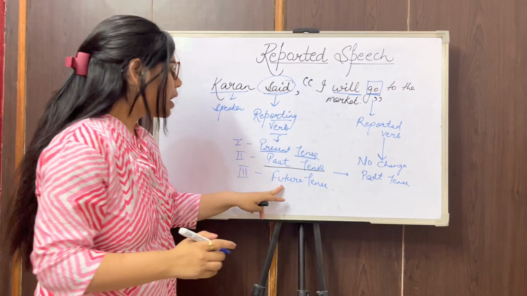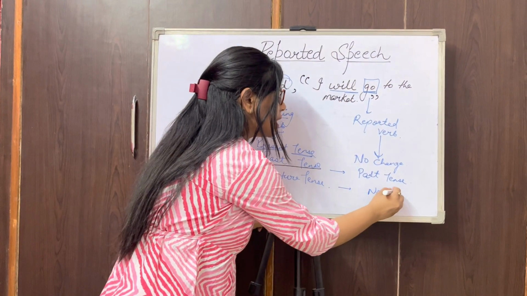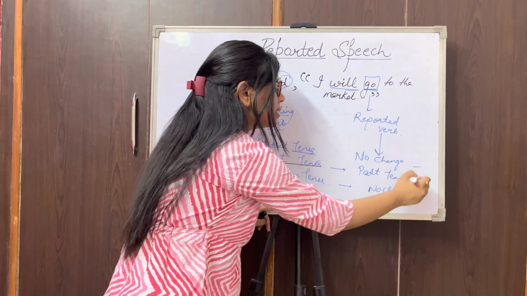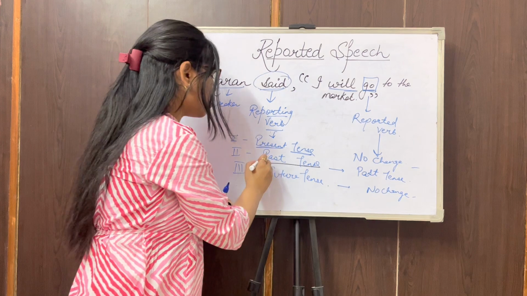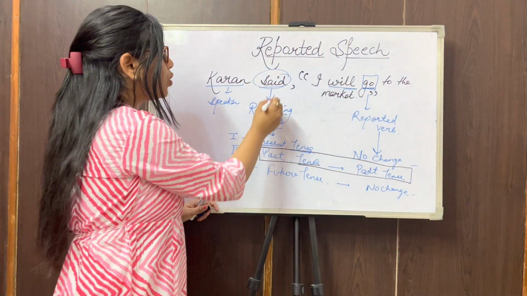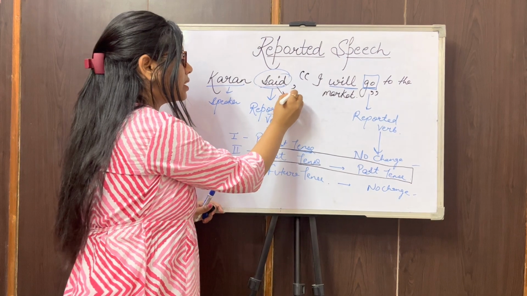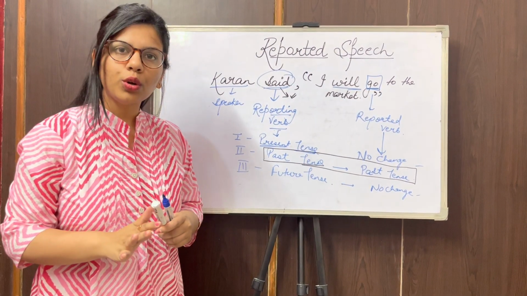So again, if it is in future tense, there will be no change. So these sentences will be quite easy for you. You have to focus mainly on these type of sentences where your reporting verb is in past tense. I hope this is clear to you.